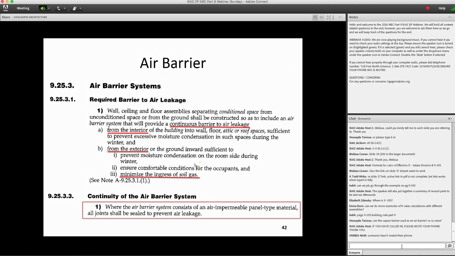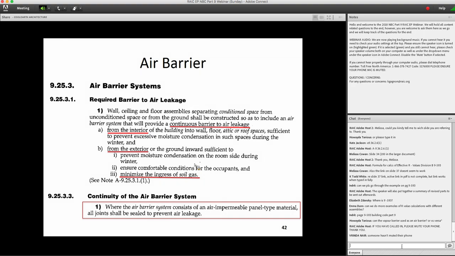And then the continuity of the air barrier systems, where the air barrier system consists of an air impermeable panel type material. All joints shall be sealed to prevent air leakage. Okay, so this is why we split on control layers, because some components in the assembly can be used for a couple or 3 roles.